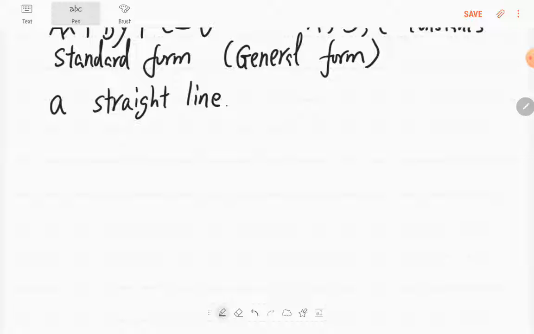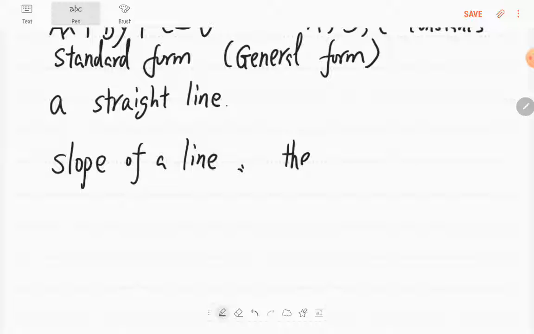The steepness of a line is called the slope of the line, so we can use the slope to measure the steepness. We are interested in how we can calculate the steepness of a straight line.